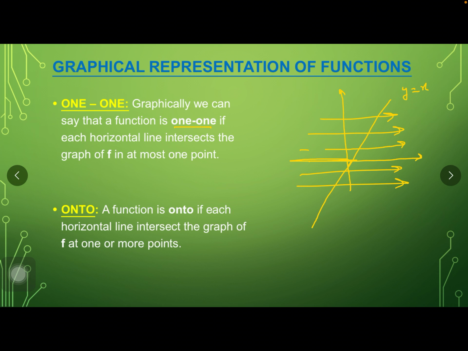Next is onto. So how can we show the onto graph? A function is onto if each horizontal line intersects the graph of f at one or more points. In the one-one condition it is at most one point, not 2, 3 or 4 points, but in onto the line meets the graph of f at one or more points. So suppose our graph is like that.